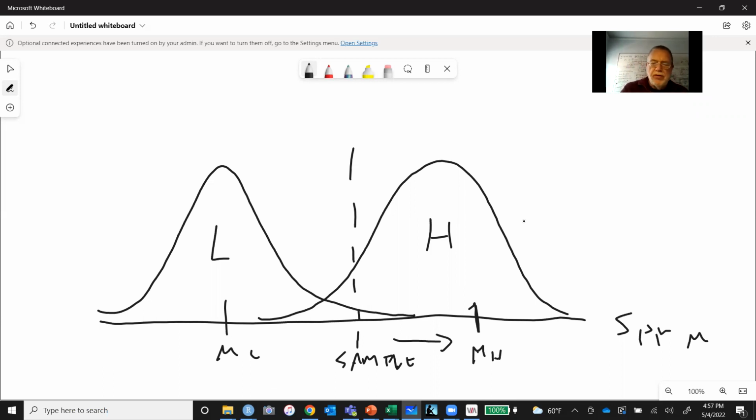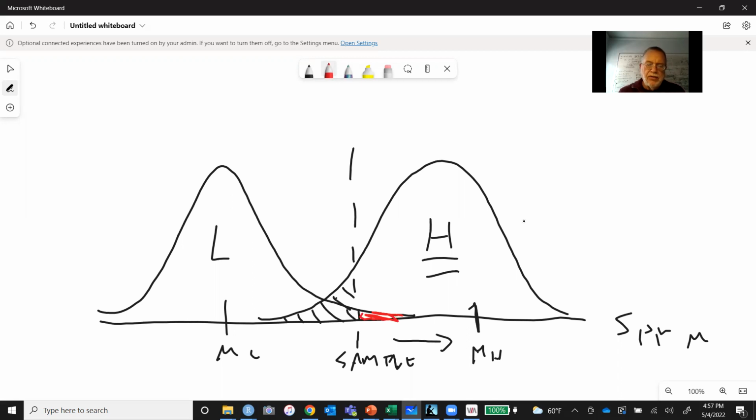What we should observe is that triangle, that tail. It basically says the observation of the sample under the high hypothesis would be much greater than the sample coming in from the other side near the low hypothesis, which is this triangle right here. Okay, that's what we should observe.